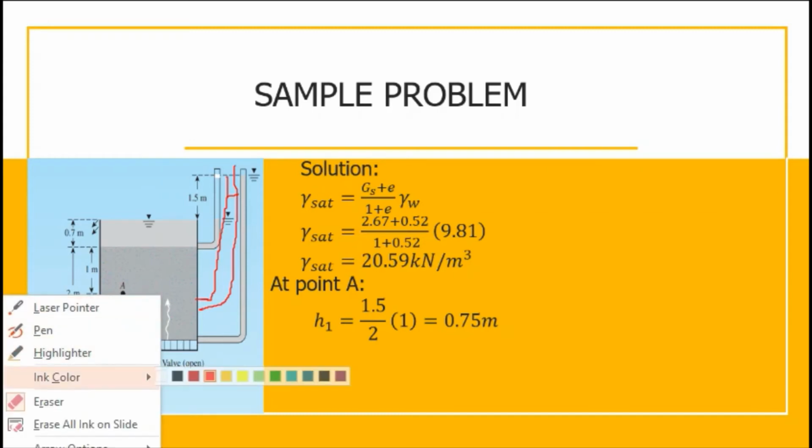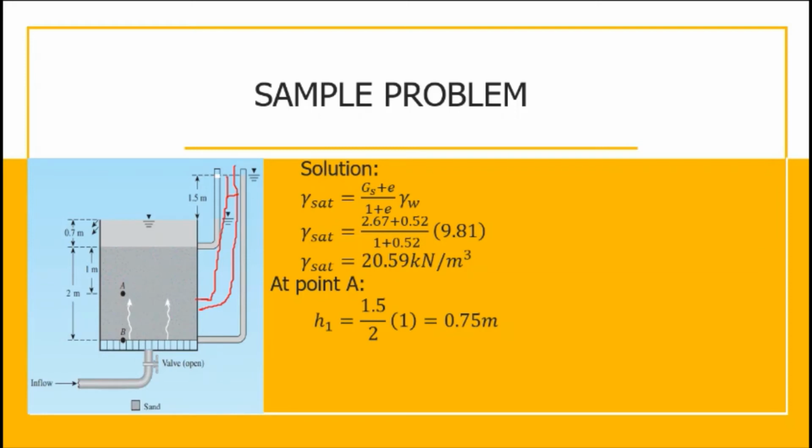The total head loss is equal to 1.5 over the length of soil, which is 2 meters, and the height from the bottom of the water down to point A is 1 meter. So 1.5 over 2 multiplied by 1 will give us 0.75 meters. This will be the value of the seepage or the head loss at point A.